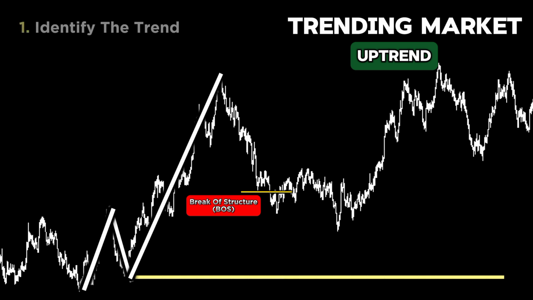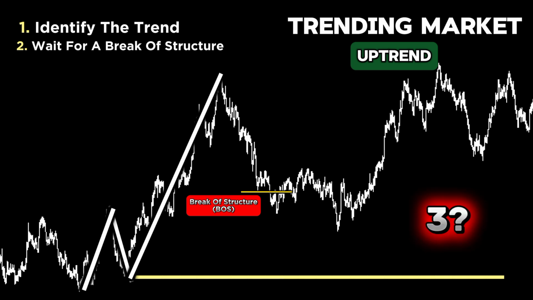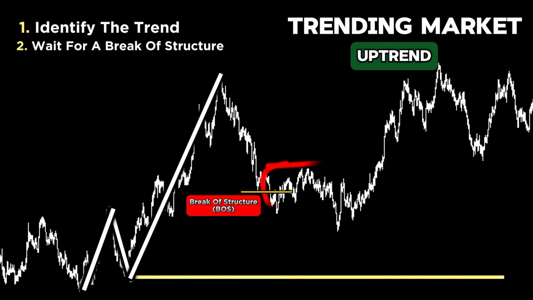Remember that number 1 is to identify the overall trend of the market. And now we have number 2, which is to wait for a break of structure. Now, what is number 3? The truth is that the market will not start moving up immediately after a break of structure. It begins to make moves that will manipulate a lot of traders, especially those that are following this short-term downtrend on a lower time frame, and also take out as many orders as it could before moving in the right direction.